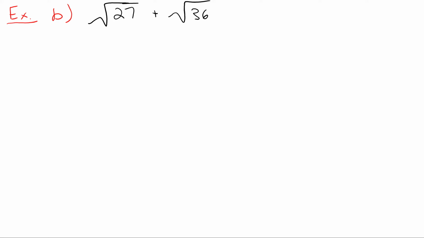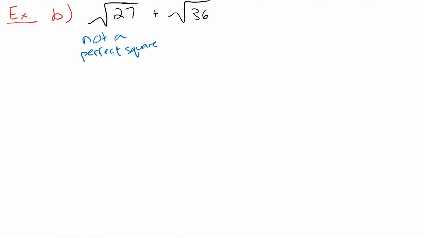So what I want to do is look at 27, and see, is this a perfect square? I consider the factors of 27, and I determine that no, this is not a perfect square.